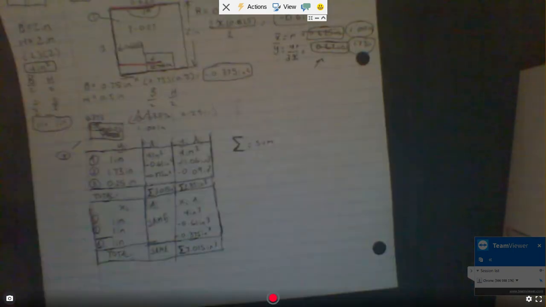So we've done step 4, the table. Now we need to, well, we already did the sum. That's part of number 5. Now we need to use the equations we have. So the equations are y equals sum of yi ai divided by sum of ai.